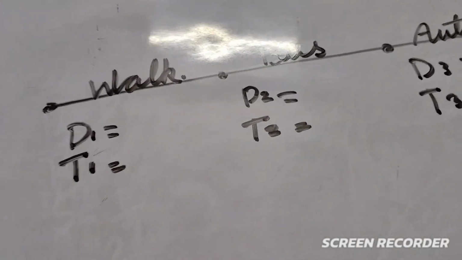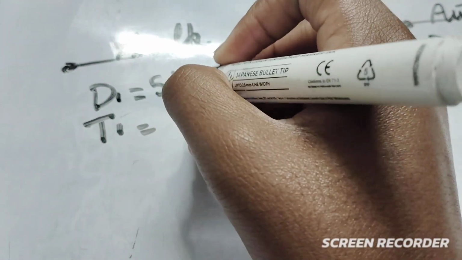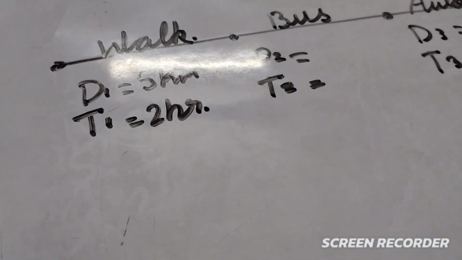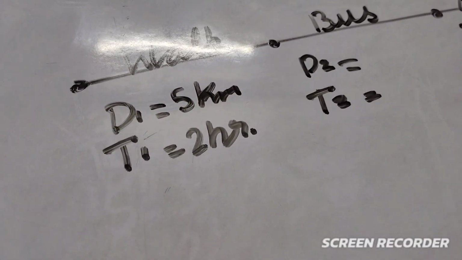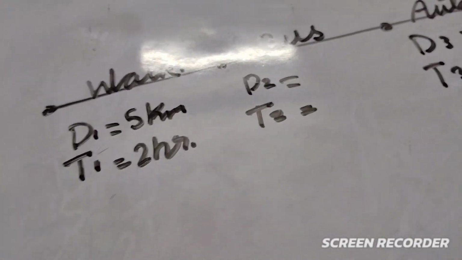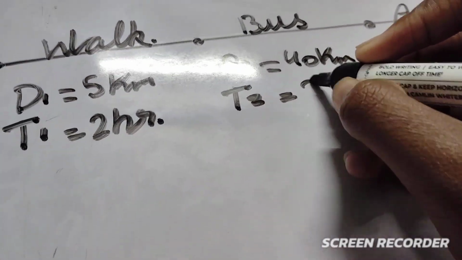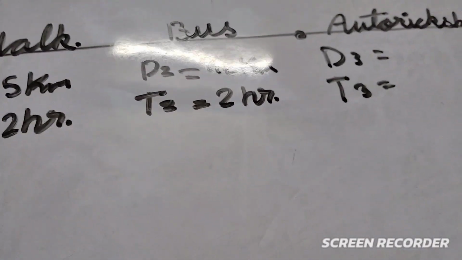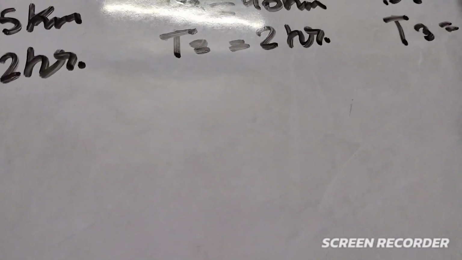So the first distance that is covered by walking is 5 kilometer in 2 hours. Then he goes in a bus to a nearby town which is 40 kilometer, and further 2 hours. 40 kilometer in 2 hours. And 5 kilometer in 1/2 hour.